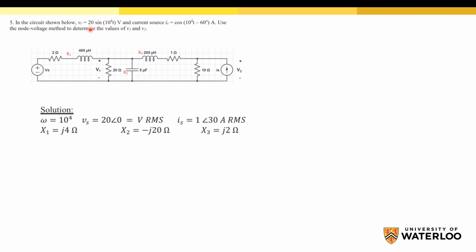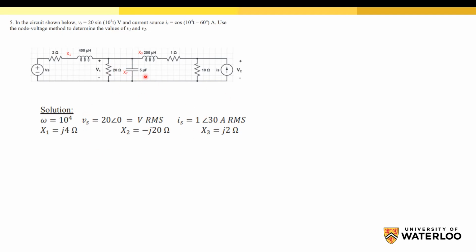For the voltage source, it's equal to 20 angle 0, because we do not have any phase here. For the current source, we have 1 angle negative, this should be 30. This is not correct, it should be 30 as it's here. Okay, and now the problem is ready to be solved.